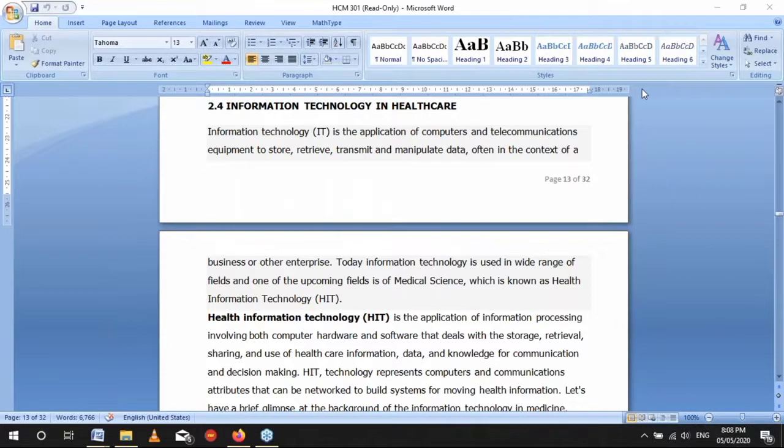which is simply known to be abbreviated to IT, is the application of computers and telecommunications equipment to store, to retrieve, to transmit, and manipulate data, often in the context of a business or other enterprise.